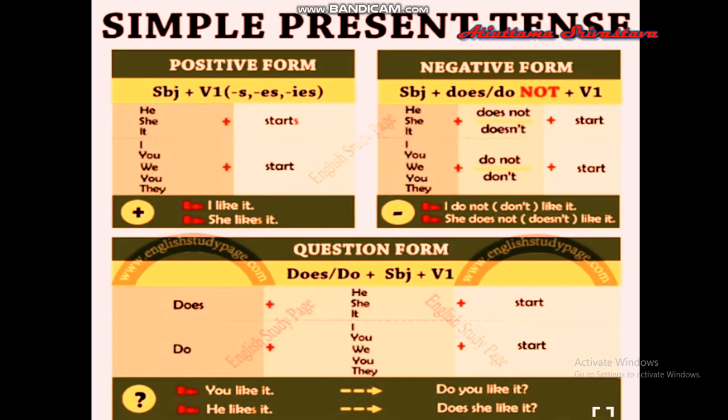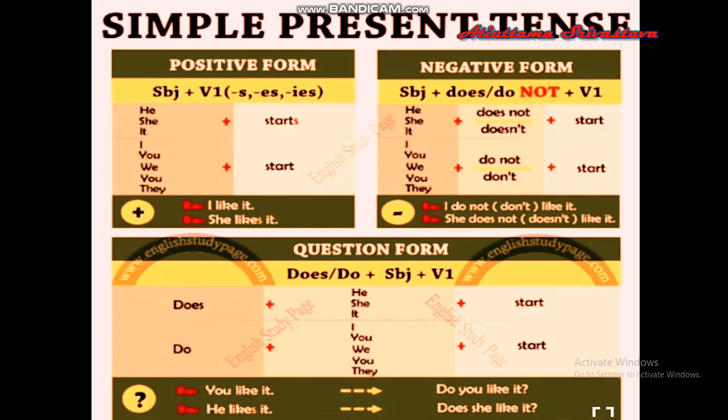Let us see how to frame simple present tense. First, the positive form. Here we will take the subject plus the first form of the verb and add s, es or ies to it. See here. He starts, she starts, it starts.